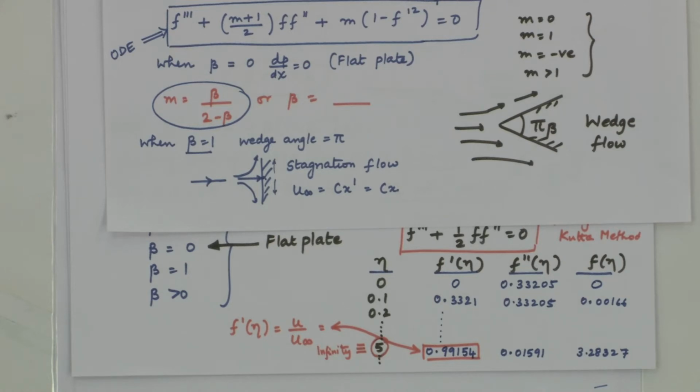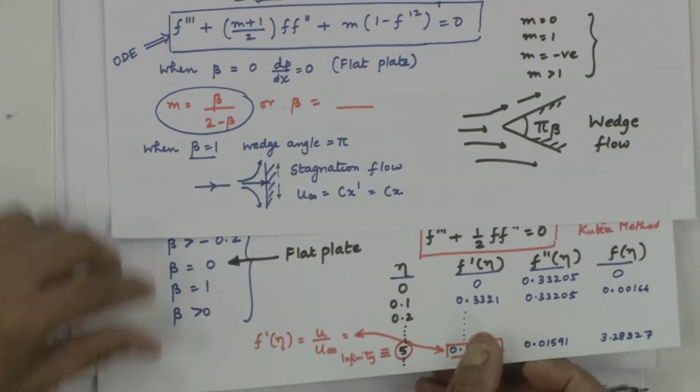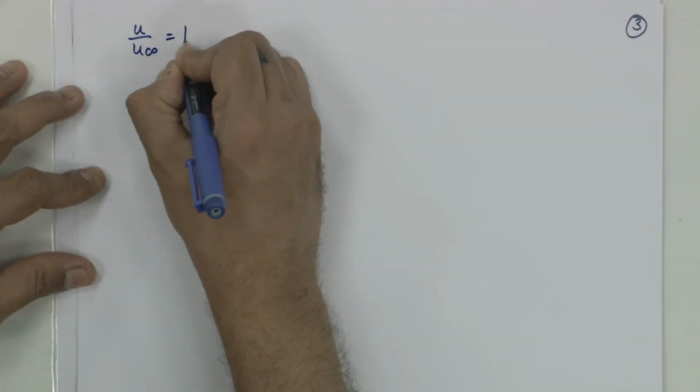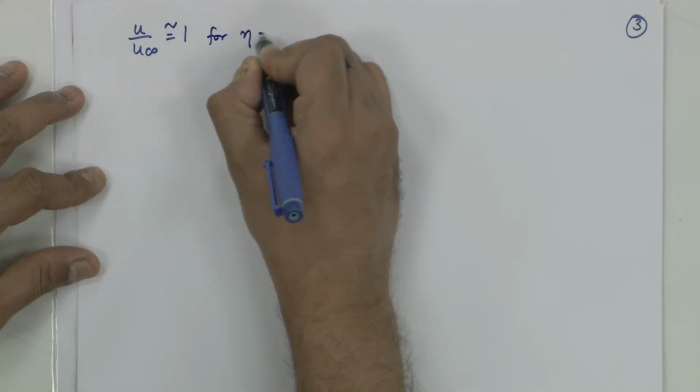What I am trying to say is, going higher and higher in eta beyond 5 does not help us much, and therefore, you can stop at eta equal to 5, which corresponds to f prime of eta, and this is a very important result. What we say is, u by u infinity is approximately 1 for eta equal to 5.